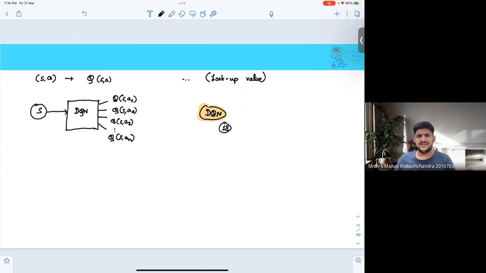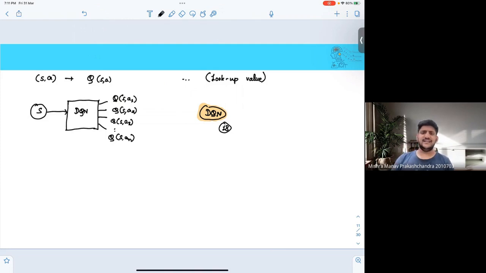And it turns out the DQN model was able to outperform and beat a human player in around 41 or 42 games out of the 60 games on which it was tested. So this was a significant step.